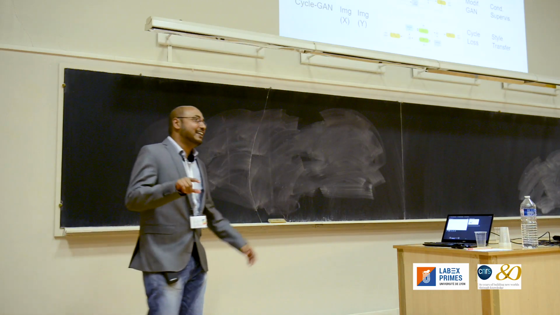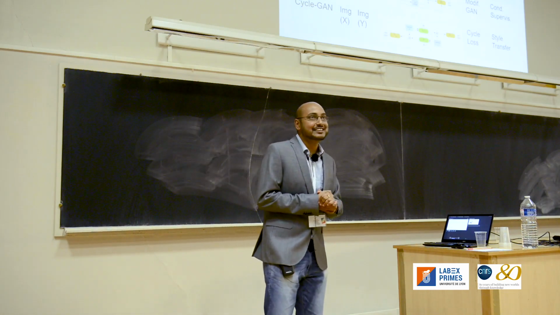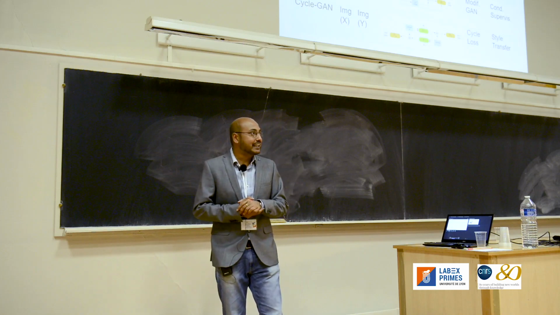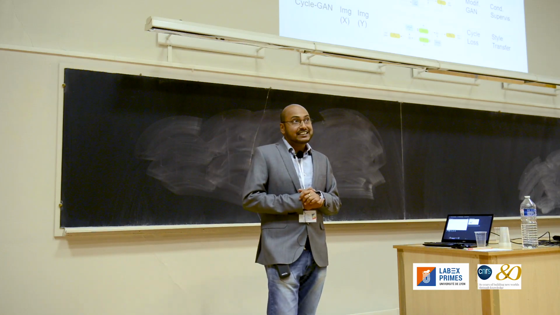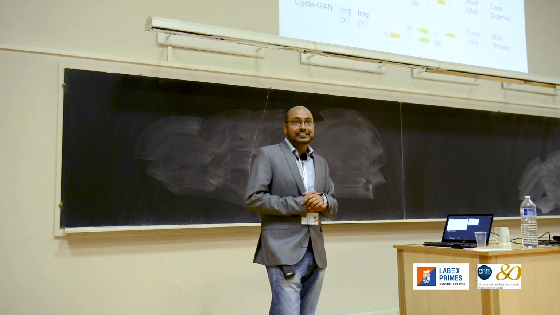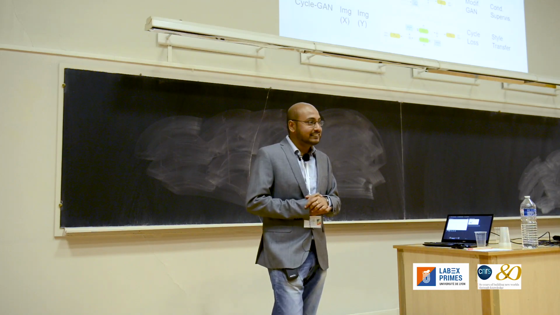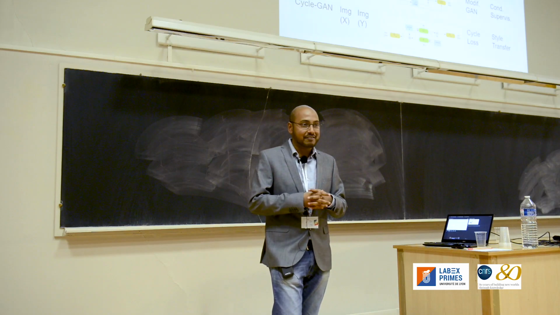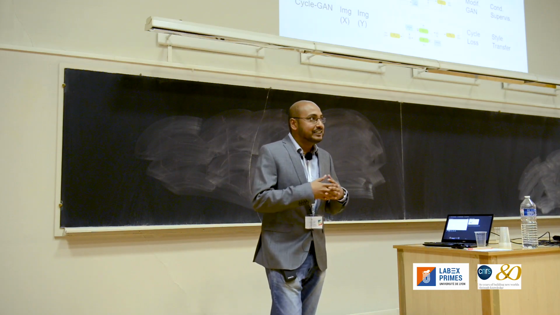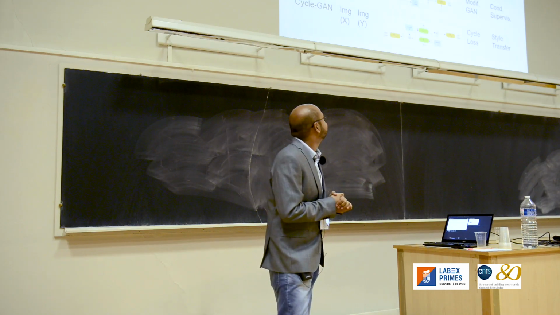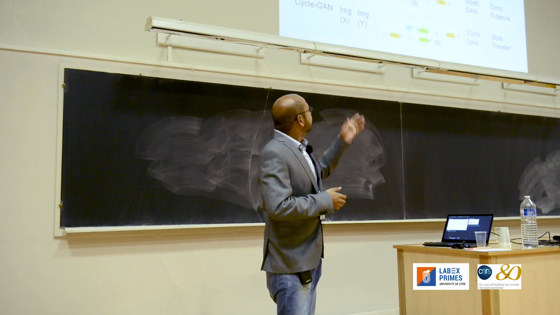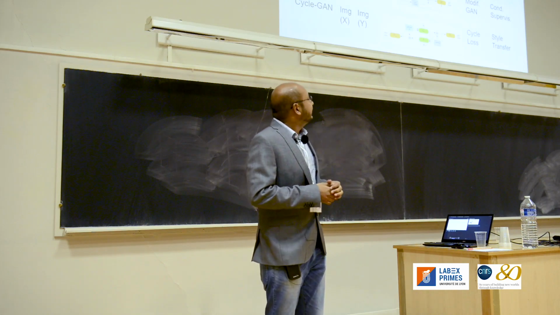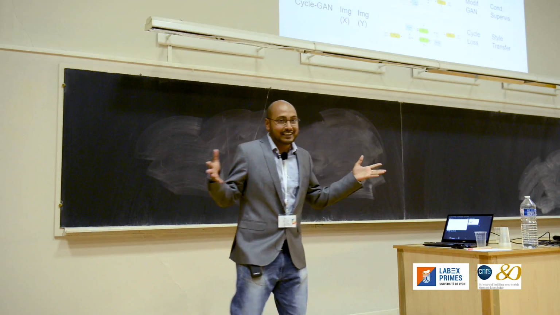Okay, so that's a good question. What's the best way? What's the best practice? The problem is it really depends from application to application, and it also depends on what sort of data you actually have available. So typically we start actually at the cycle kind of architecture.